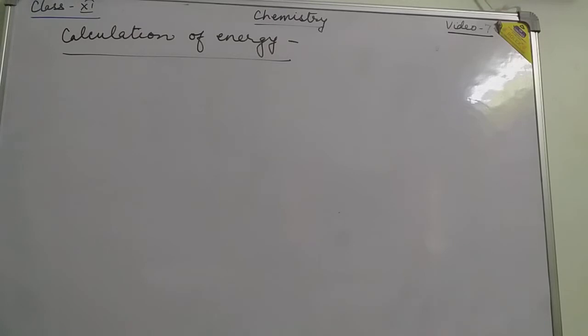You will study the structure of atom in class 12 physics also, but to understand the different aspects of atomic structure, we must understand the energy calculation, like radius. And if we calculate energy, you can easily understand the Aufbau principle, Hund's rule, and different rules related to the energy.